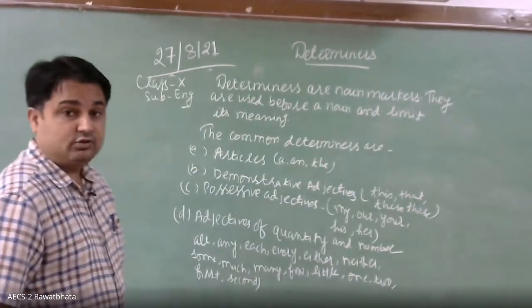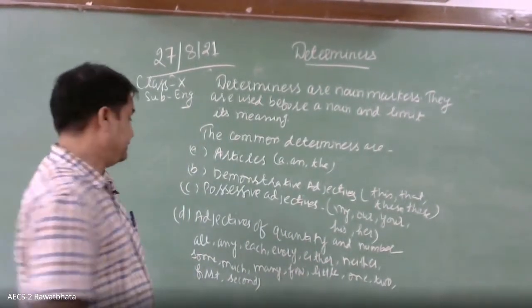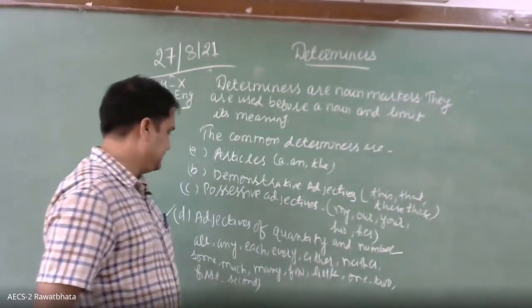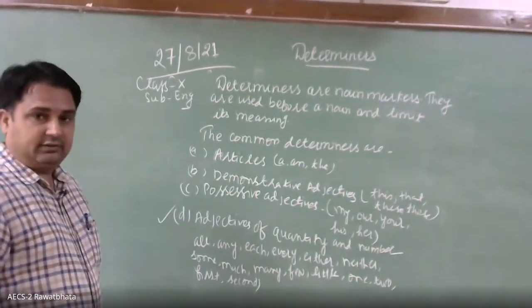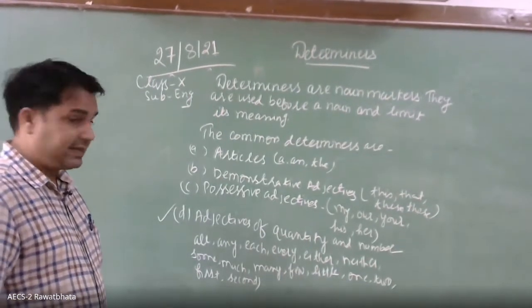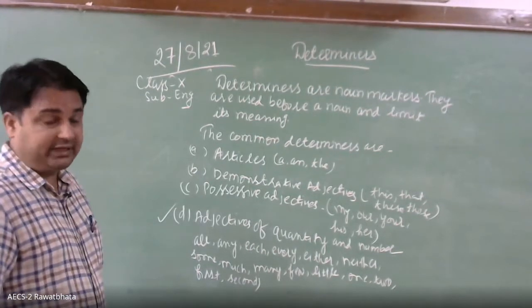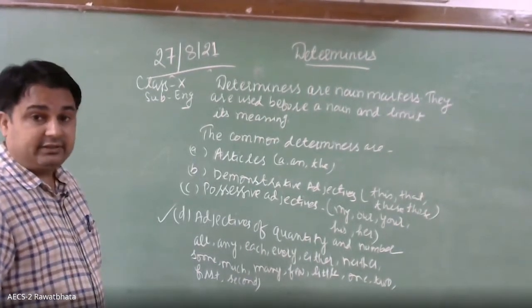Okay, children. So all these are adjectives of quantity and number. What are these adjectives? These are all, any, each, every, either, neither.